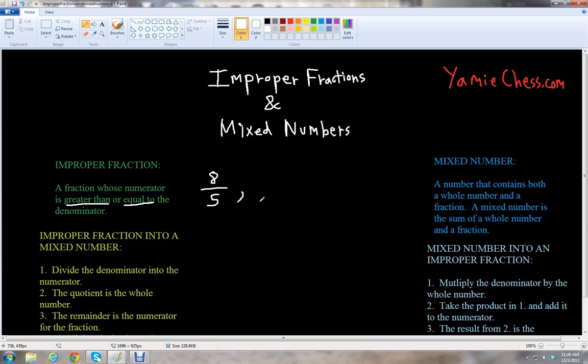And another example would be 3 over 2, since the numerator 3 is greater than the denominator 2. So those are examples of improper fractions.